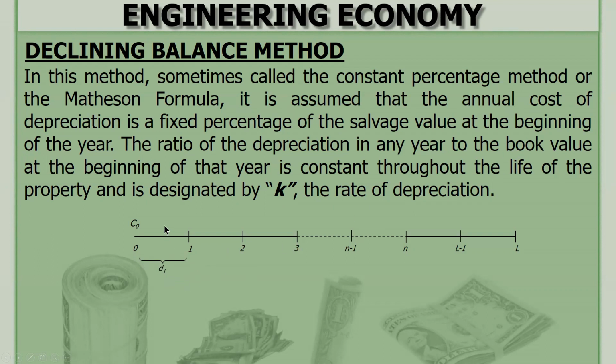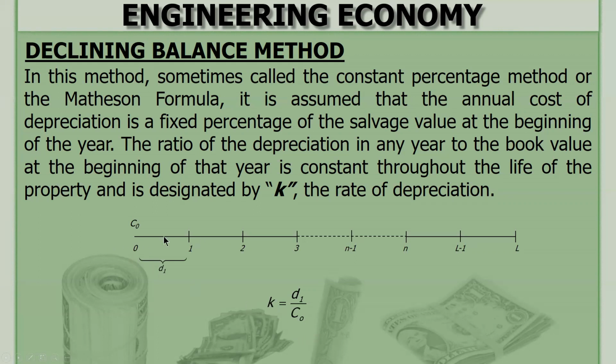So for year 1, the beginning is 0, so this will be the corresponding book value. Therefore, K is D1 over C sub 0.